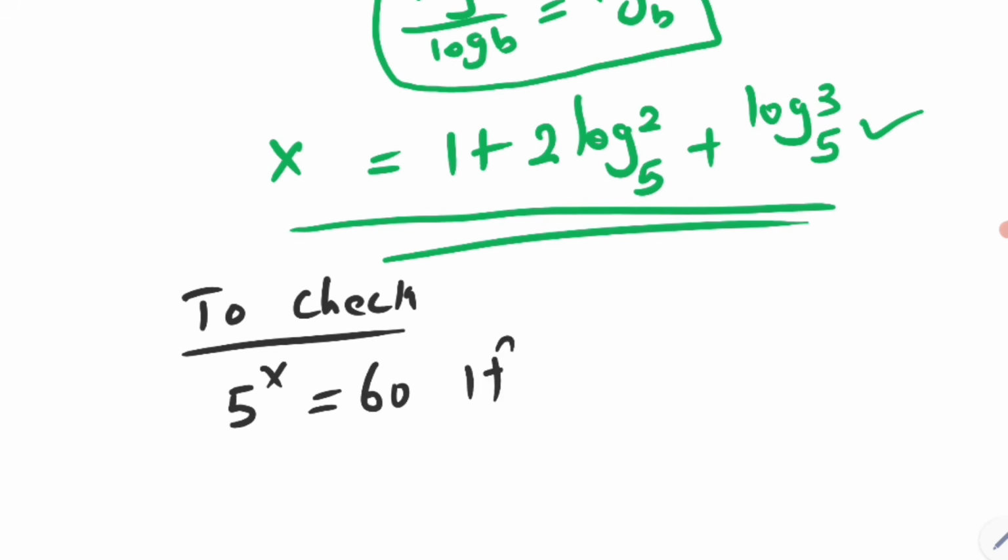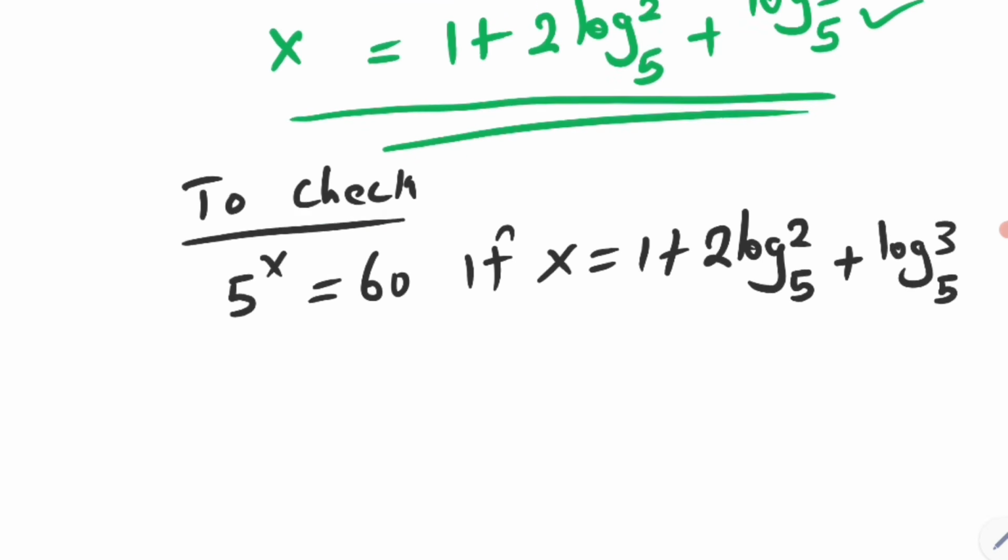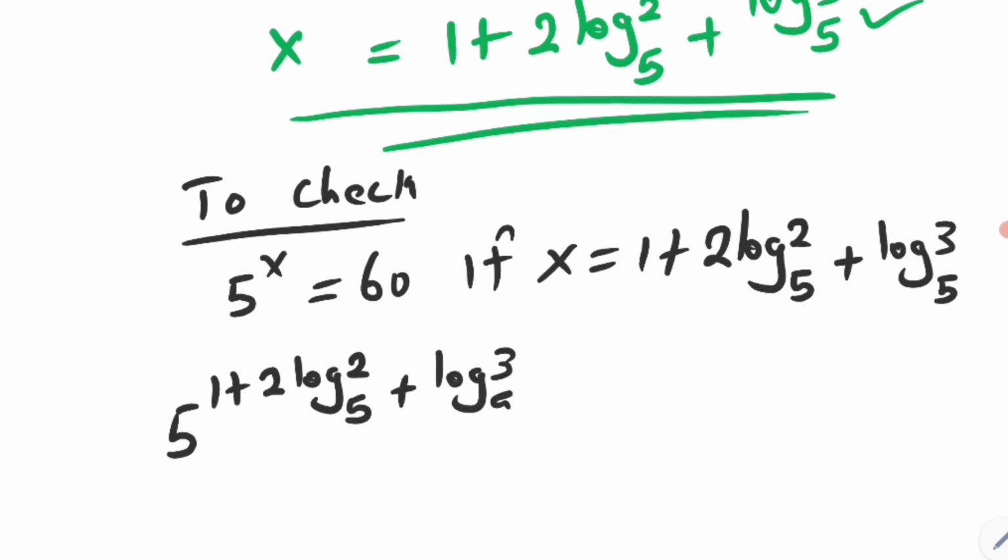Then if s is equal to 1 plus 2 log 2 base 5 plus log 3 base 5, we have 5 raised to power 1 plus 2 log 2 base 5 plus log 3 base 5 must be equal to 60.